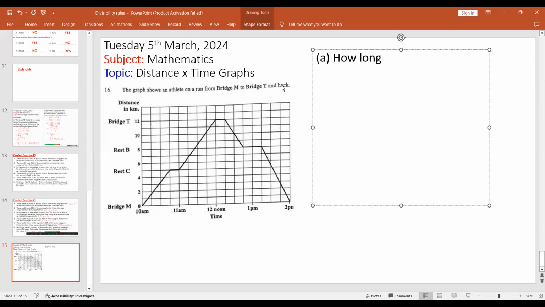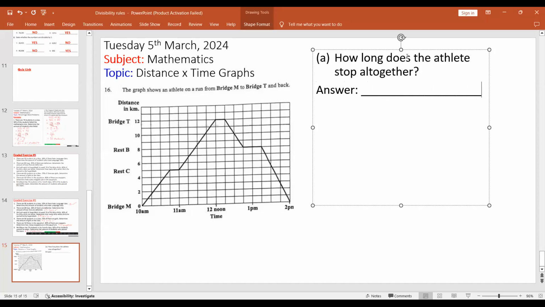It says that the graph shows an athlete on a run from bridge M to bridge T. And the question is, how long does the athlete stop altogether?